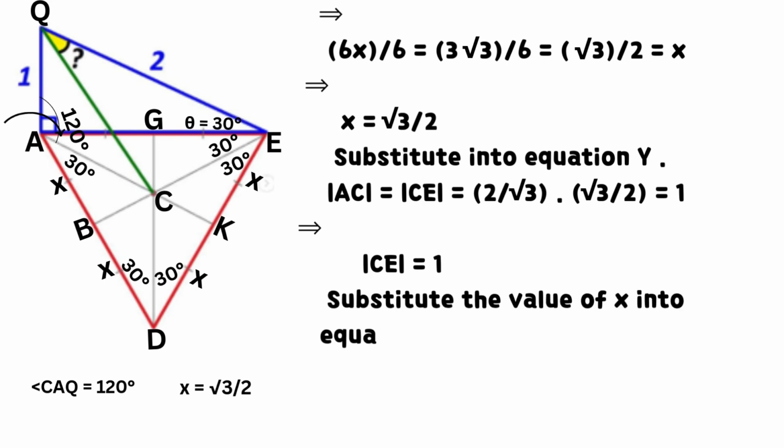Substitute into equation y. Line AC equals line CE, which equals 1. After simplification of substituted values, it follows that line CE equals 1. Substitute the value of x into equation 1.